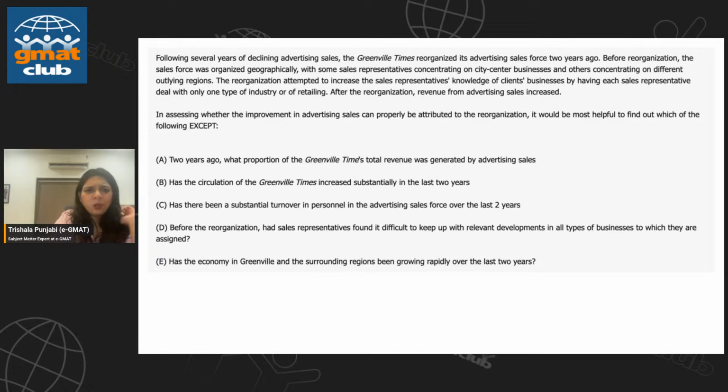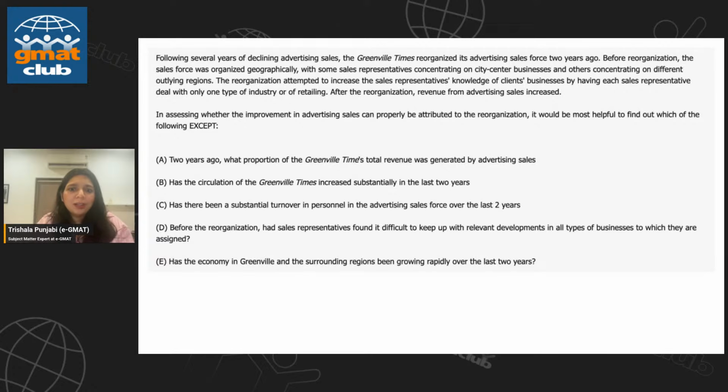Now, why is it not D? Before the reorganization, sales difficult, so had sales representatives found it difficult to keep up with relevant developments in all types of businesses. Again, this is conflating two things, right? Difficulty with performance. I can find my job difficult and I can still be good at my job.